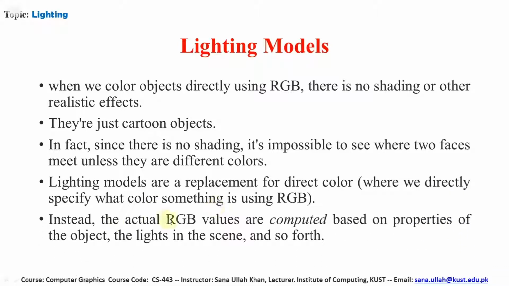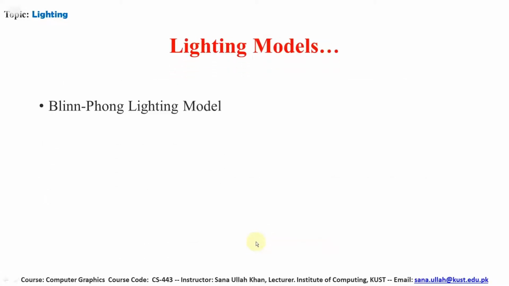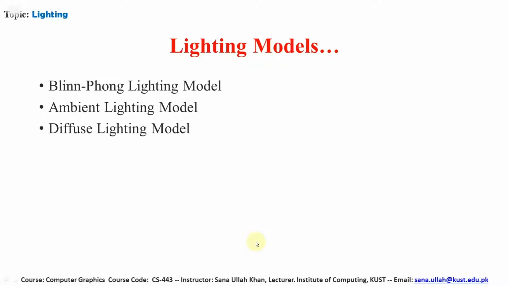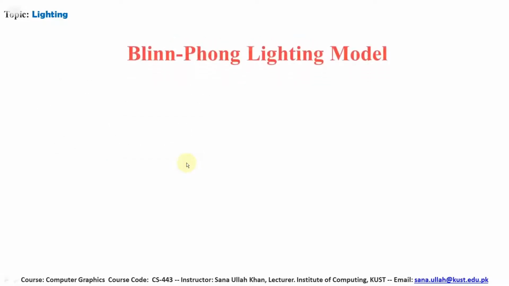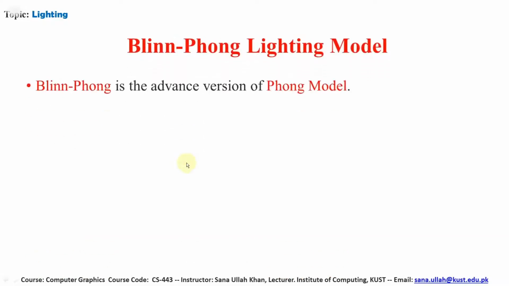Instead, the actual RGB values are computed based on properties of the object, the light in the scene and so forth. Basically, there are four models used in graphics: Blinn-Phong lighting model, ambient lighting model, diffuse lighting model, and specular lighting model. First of all, the Blinn-Phong lighting model.